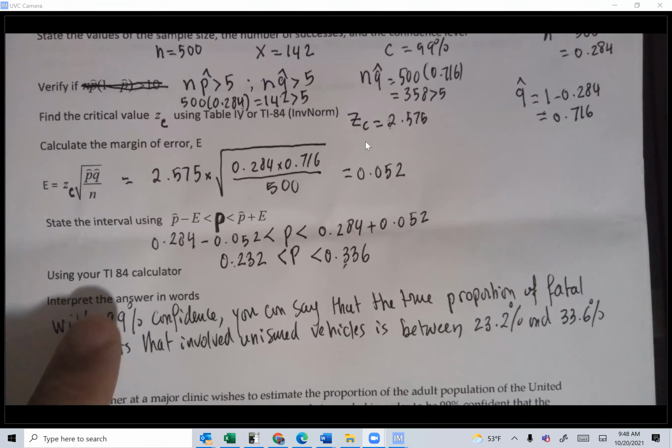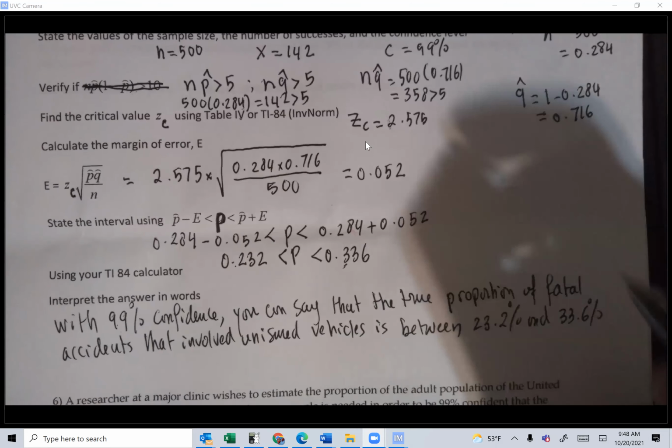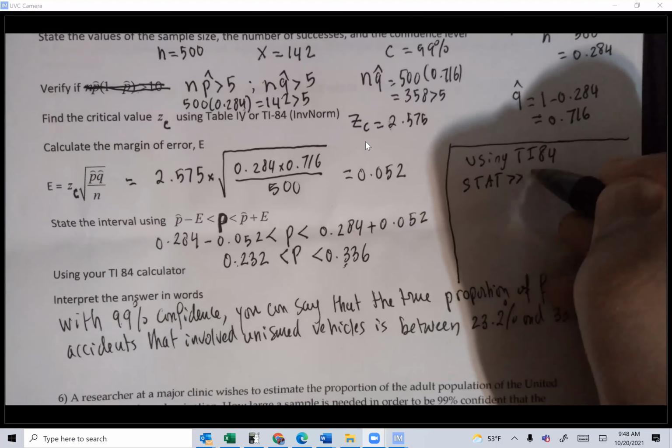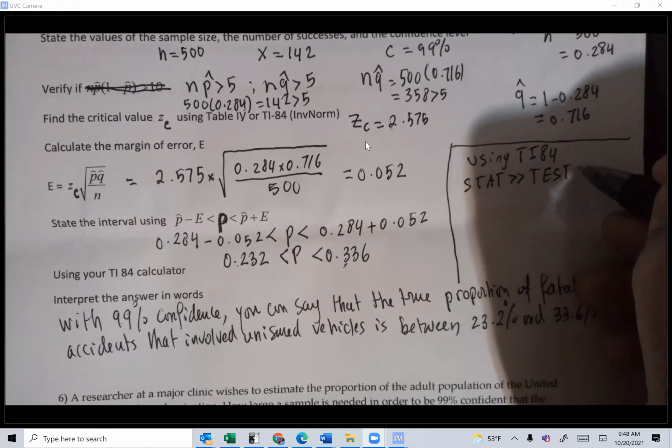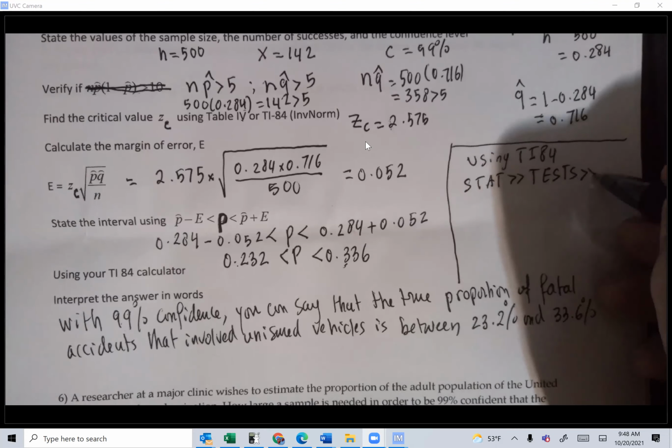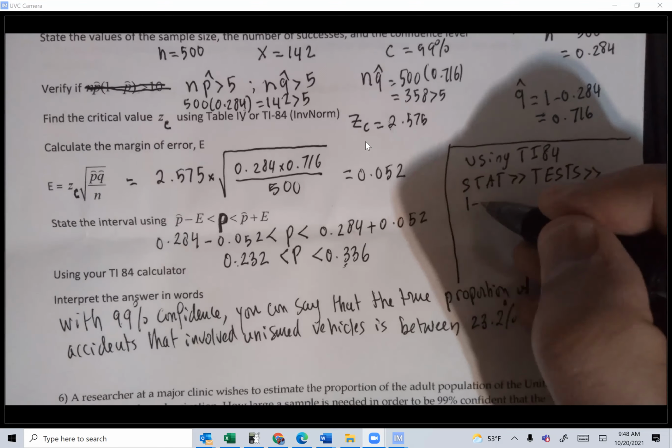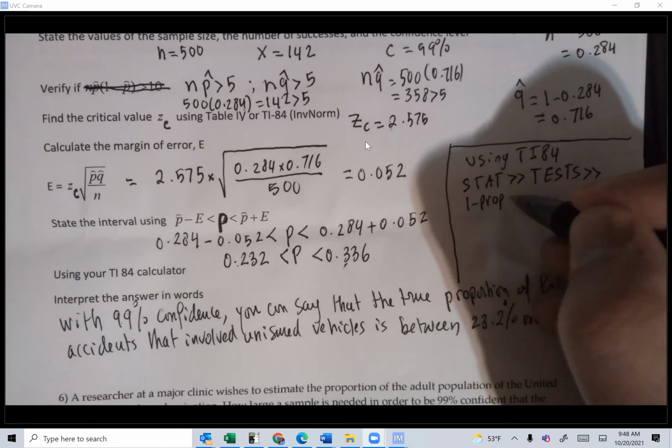Now I'm going to show you how to use the calculator. Using TI calculator. Go to stat, tests. I'm just going to write them down and then I demo that, and go to one prop Z interval. Enter X, enter N, enter C, and calculate.